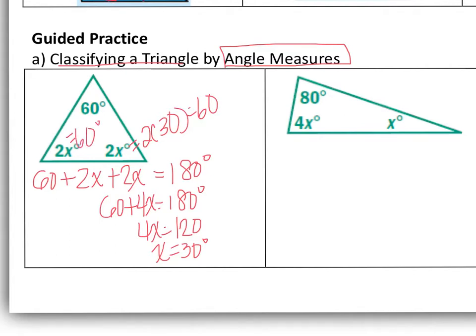So since all three angles are equal to each other, we call this an equilateral triangle.